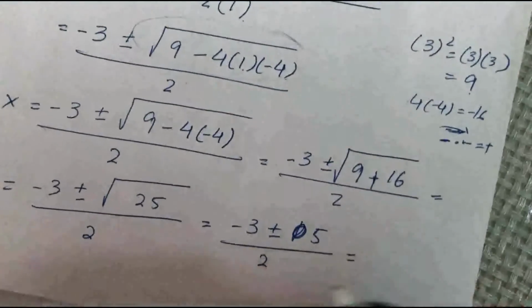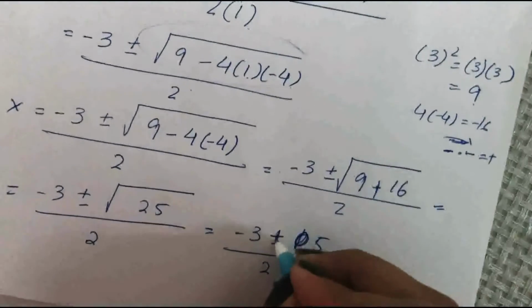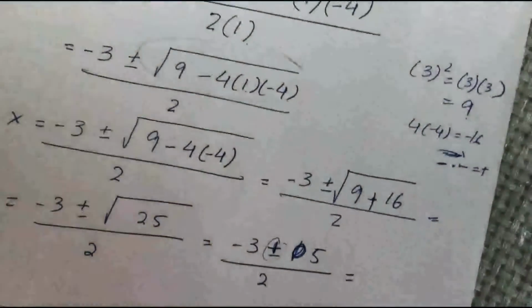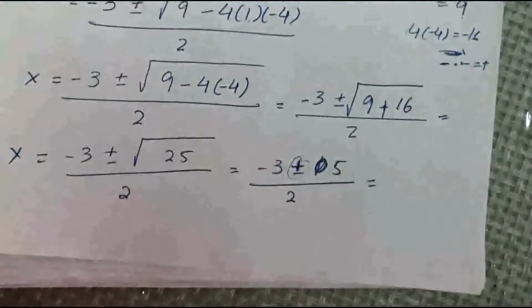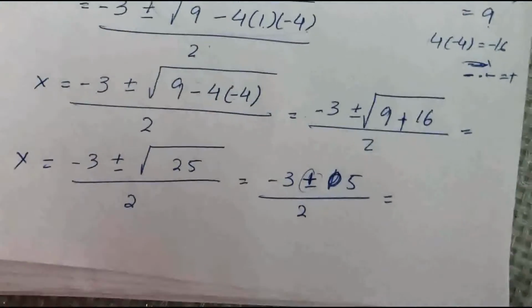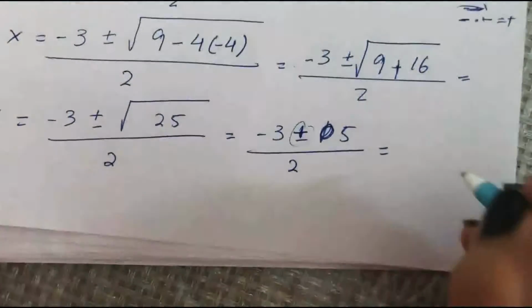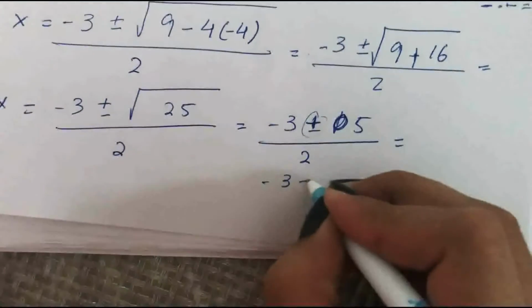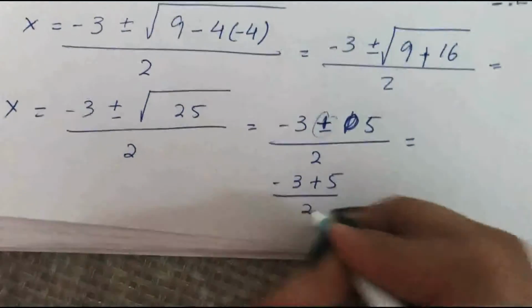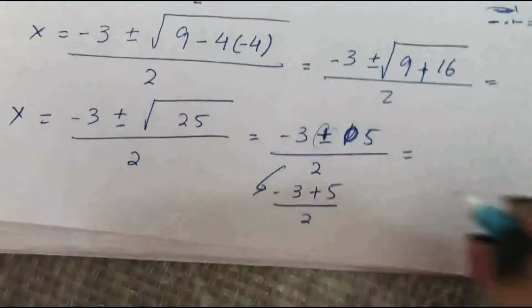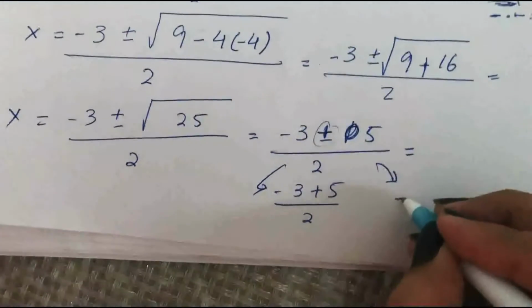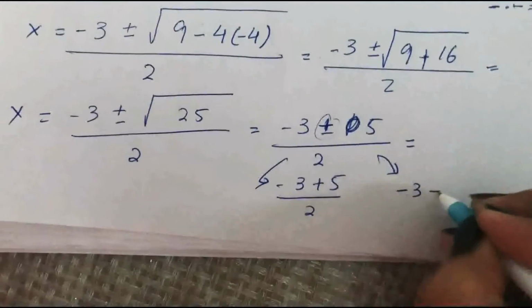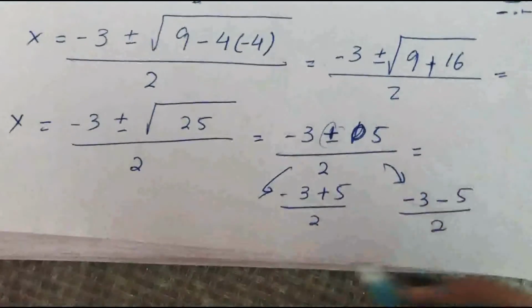Also, plus and minus means we have two answers. We have two separate solutions for this quadratic equation. So minus 3 plus 5, all of this divided by 2, is one solution, and the other solution is minus 3 minus 5 divided by 2.